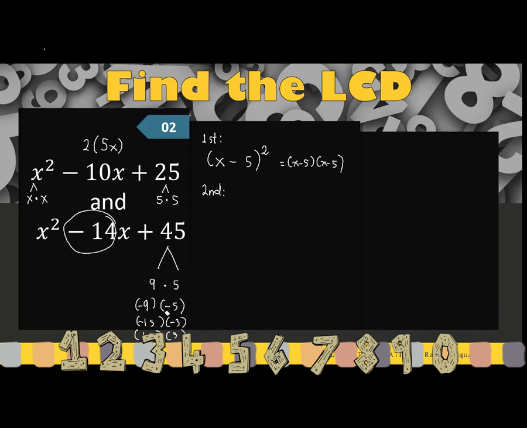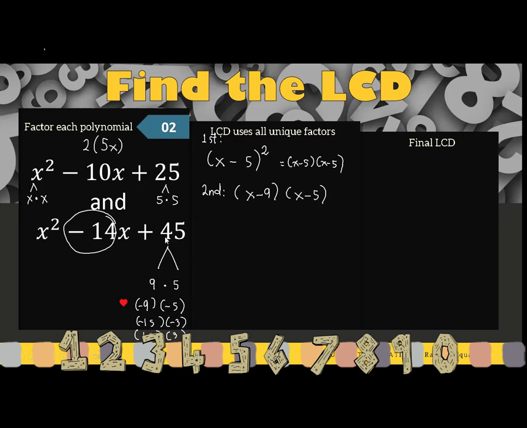Now, take note that on these factor pairs, 9 and 5, also negative 9 and negative 5, you can see that the sum will give us 14. But the factor pair that will give us the negative sign is negative 9 and negative 5. For the second polynomial, we have x minus 9 and x minus 5.